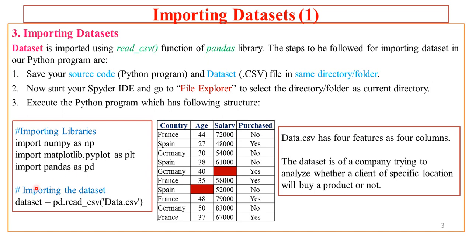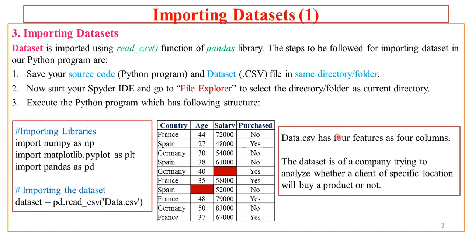So here the command is very simple: you have to create a data set. I have created a dataset variable, and I invoked the read_csv function from pandas using the abbreviation pd, and I have supplied one argument to the read_csv function, that is data.csv. So the file name of my data set is data.csv.